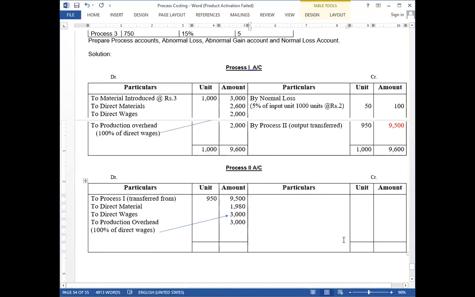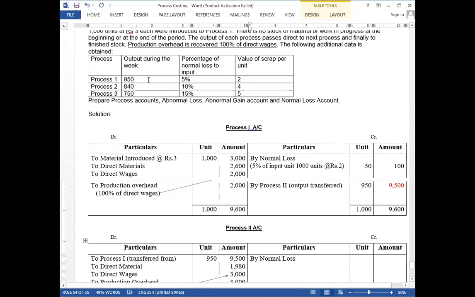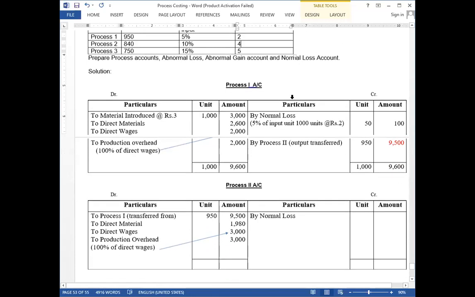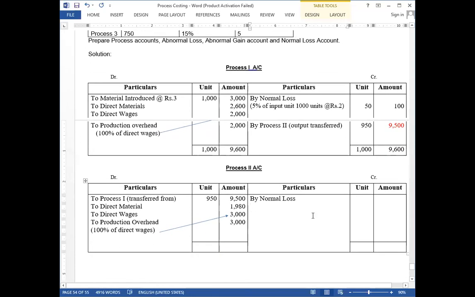Now step number 2 is normal loss. In this problem, for process 2, the normal loss is 10% and the scrap value is 4. So write within brackets: 10% of input units at the rate of rupees 4.